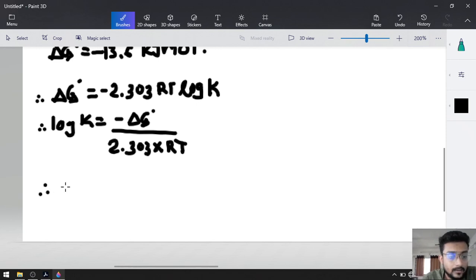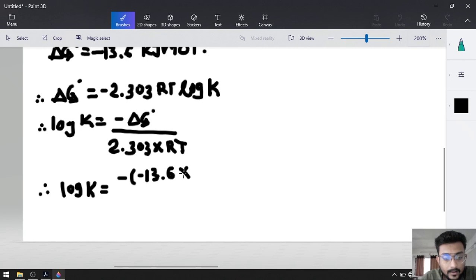Let's put down the values. Therefore log K will be equal to the value of delta G, minus, and the value will be minus 13.6 kilojoule, that's why 1000 to convert it into joule.